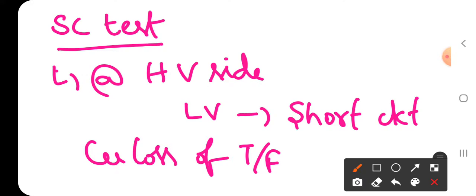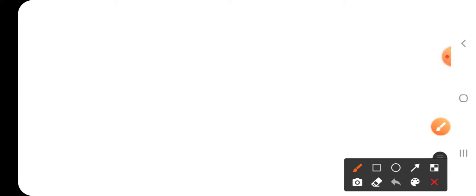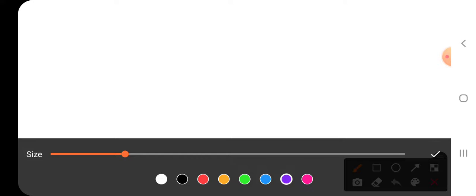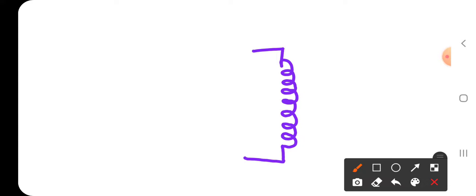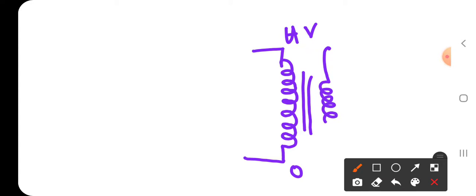So here also let me take the transformer. Here the primary is HV and the secondary is LV.